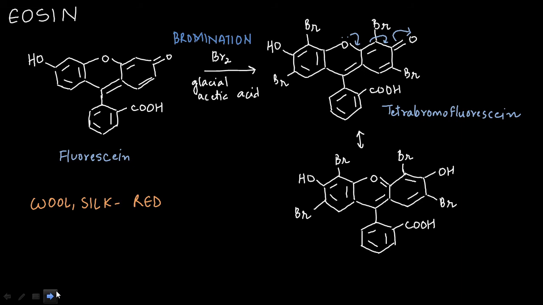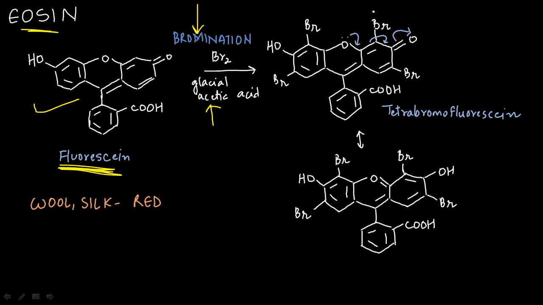Okay, the next dye is Eosin dye. These are actually red, and they can be yellow as well. What we do is we take the fluorescein dye, the one we prepared on the previous slide, and add bromine: bromination in glacial acetic acid.